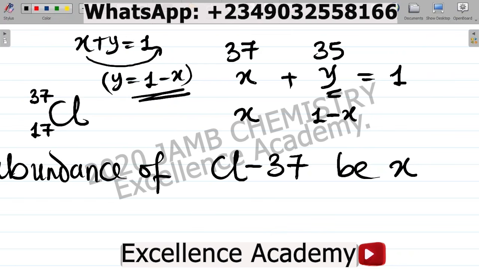All right. So the next thing you do is multiply the masses, that is the isotope, by its relative abundance. So 37 times x plus the next isotope, 35, multiplied by its relative abundance 1 minus x, will be equal to the relative atomic mass of that particular element.